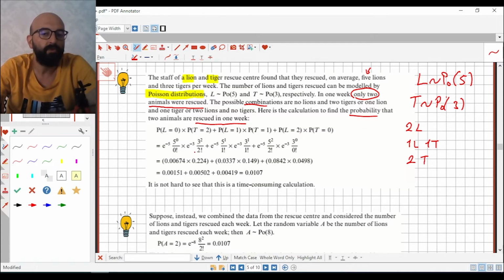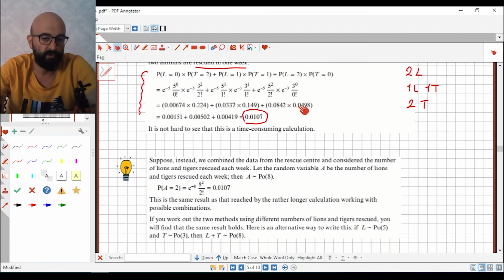In the Poisson distribution, when we work out this process, we can find the results. But as you see, this process is very hard and very long. We can choose another process.